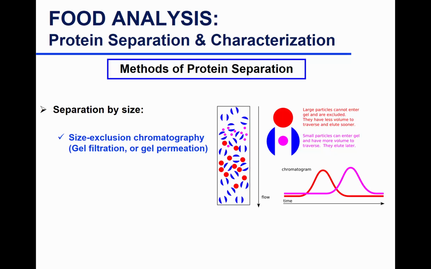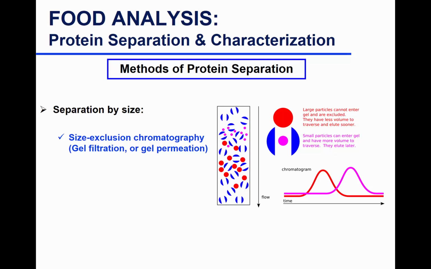And just a refresher in size exclusion, those big ones will go out with the wash if they're bigger than the pore sizes. The smaller they are, they will go within the pores of the particles that you have in your column and will be delayed. So larger proteins will elute first, smaller proteins and peptides will elute last.